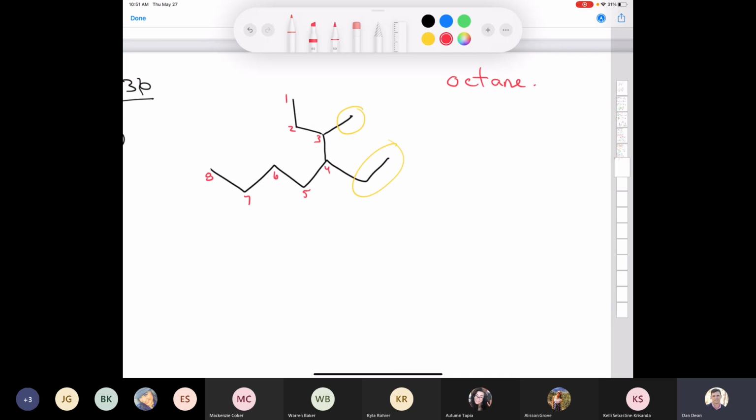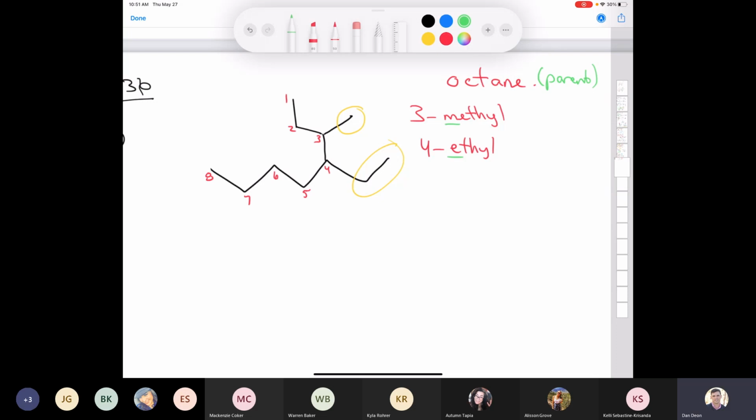We have another one at carbon 4. So this is some kind of 3-methyl. And then what's our other substituent? Can anybody tell me or identify the locant, the number, and what type of substituent the other one is? Yeah, absolutely. It's a 4-ethyl. So octane is the parent, and the substituents we're going to alphabetize.